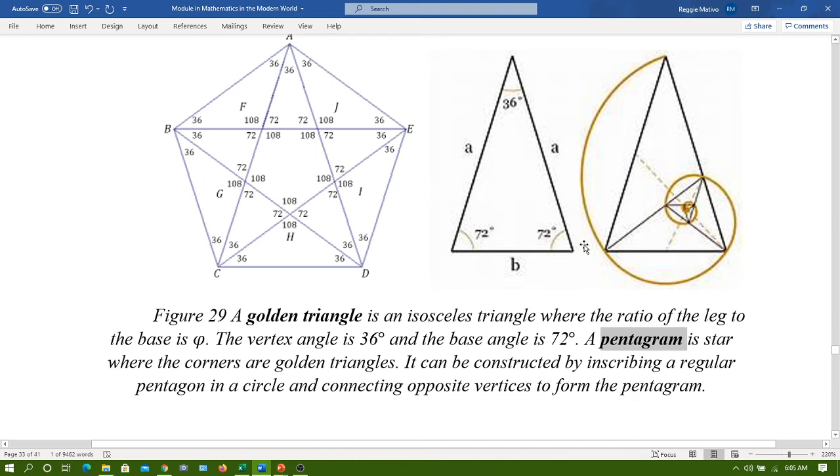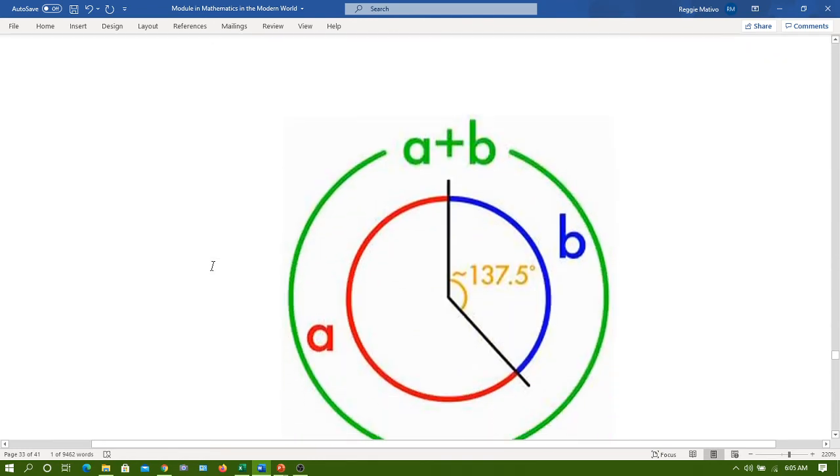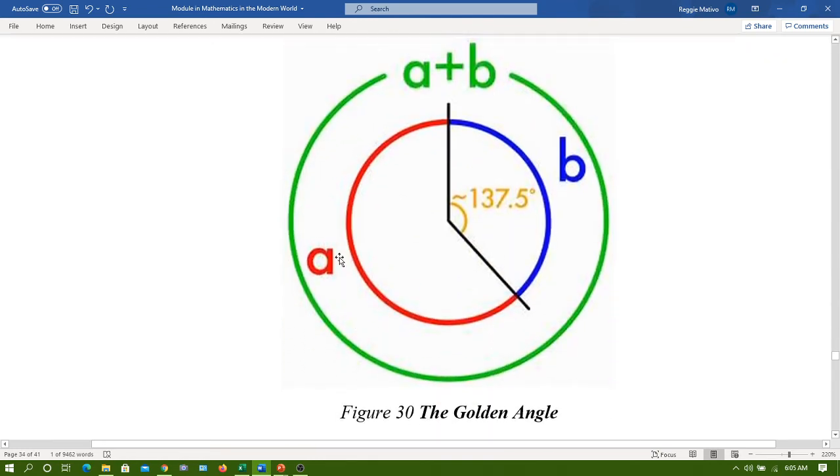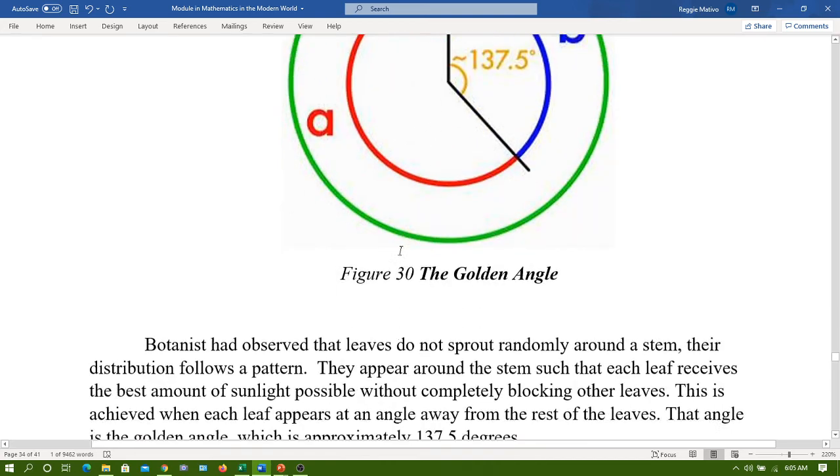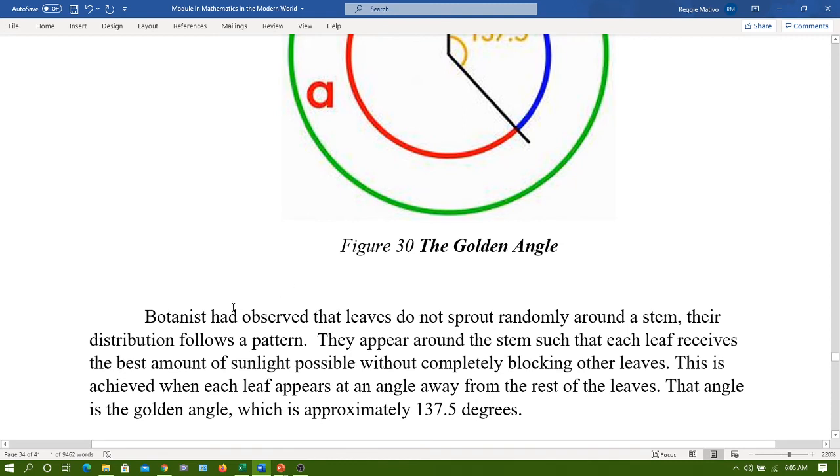This is the golden triangle and this is the pentagram. So the golden angle follows A plus B, and this is A and this is B, and it makes the golden angle 137.5 degrees.